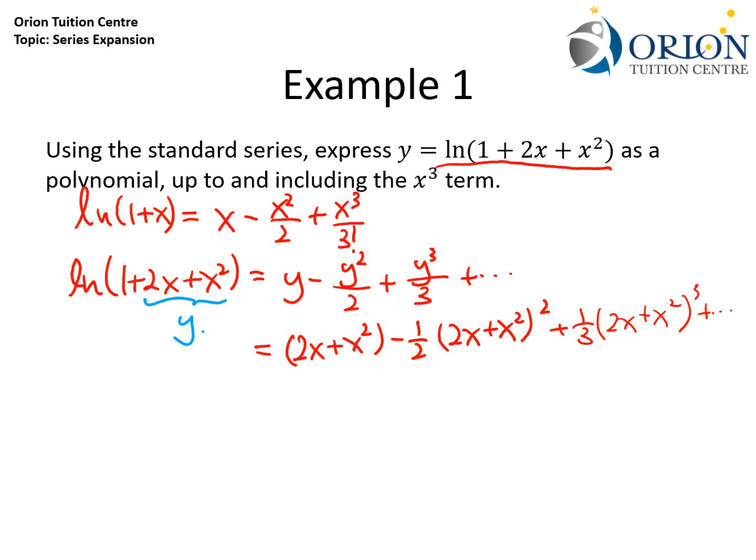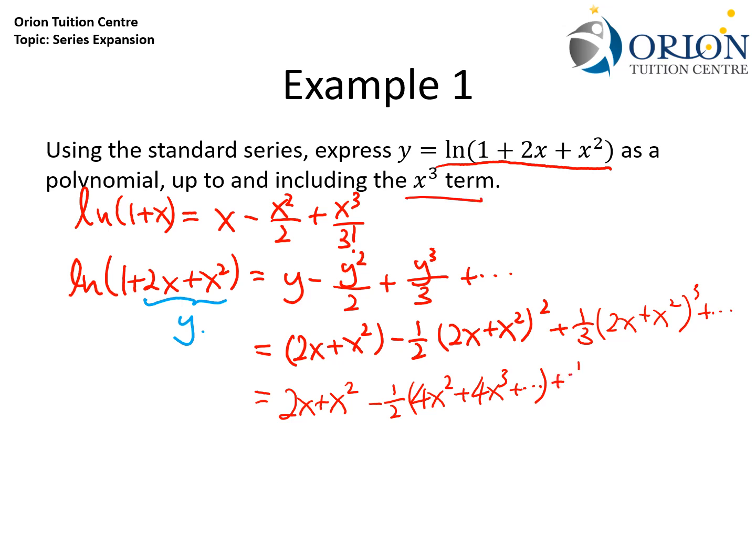Now I can expand and simplify. So this first term over here gives me 2x plus x squared. This second term over here becomes half of 4x squared plus 4x cubed plus x to the power of 4, which I can neglect since what I want is up to and including the x cubed term.